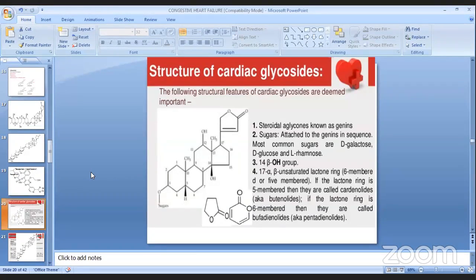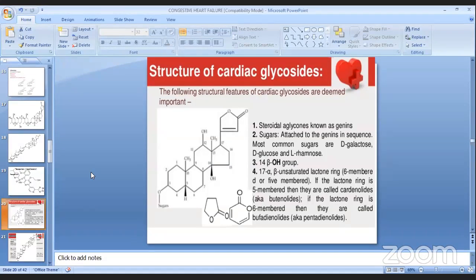Another is five-membered, that is butenolides, that is cardenolide. So digitalis is basically containing digoxin and digitoxin. Both have a five-membered ring. In the 17 alpha beta position an unsaturated lactone ring is there.